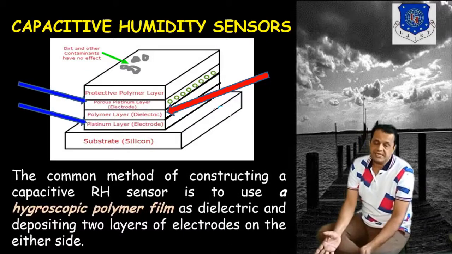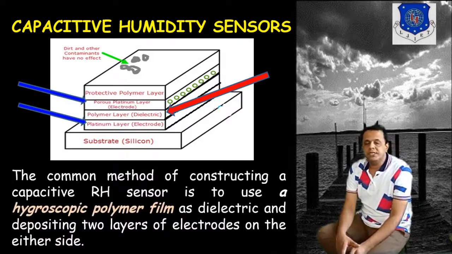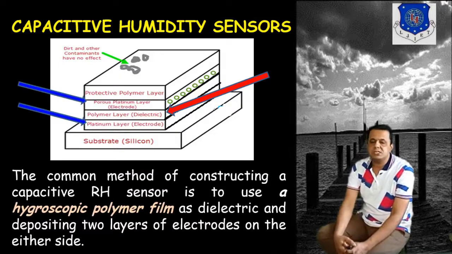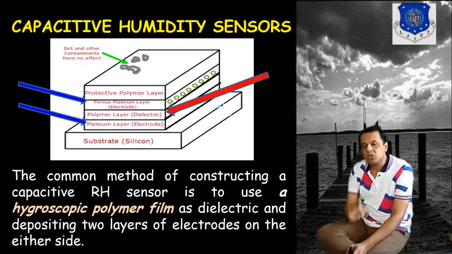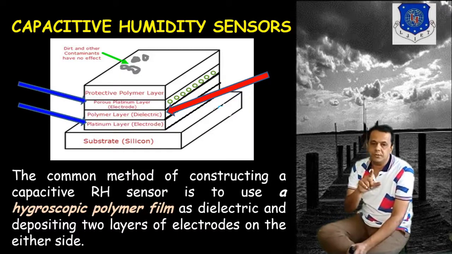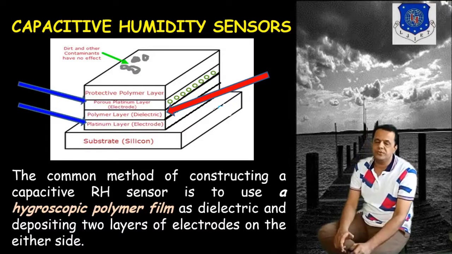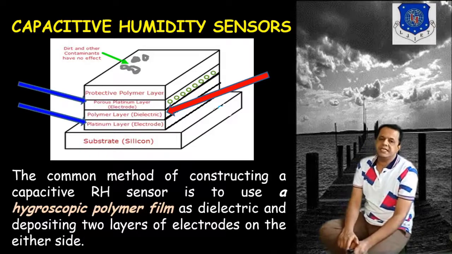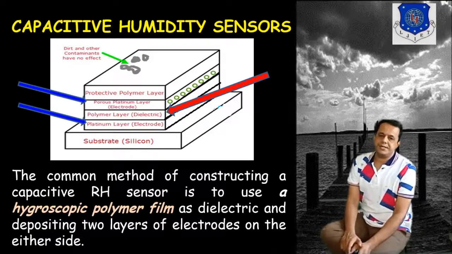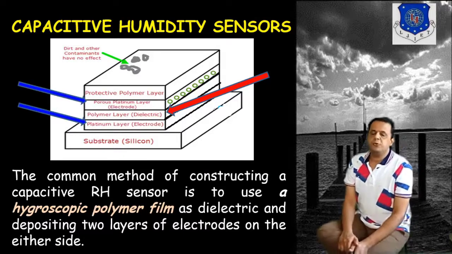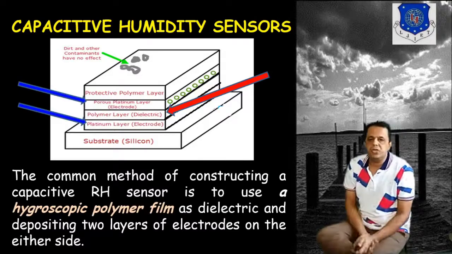The common method to design a capacitive RH sensor is to use a hygroscopic polymer film as the dielectric medium. You can see with the red arrow that the hygroscopic polymer film material is deposited between the two layers of polymer electrodes.